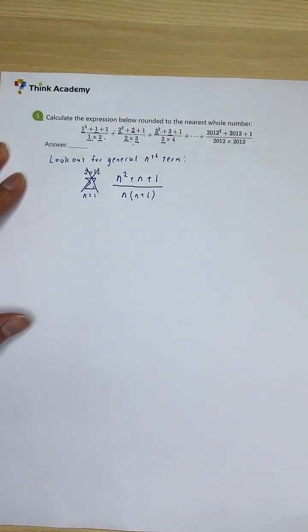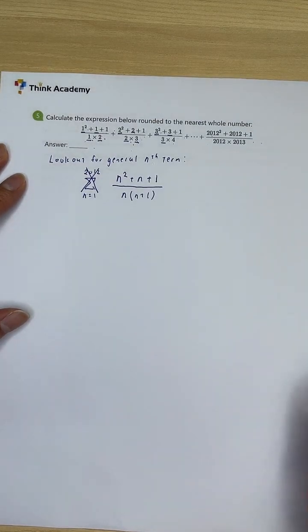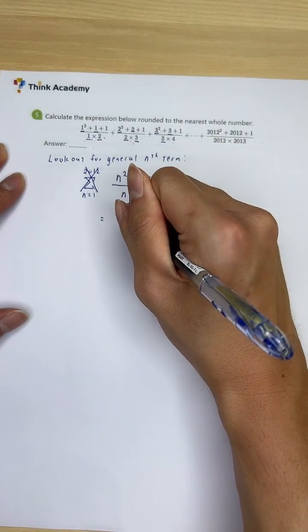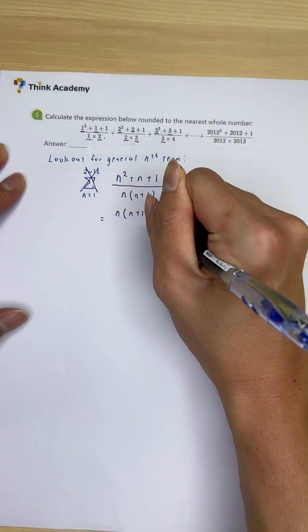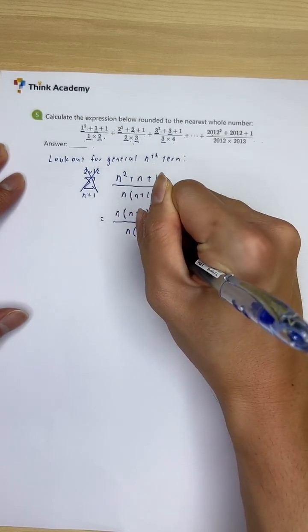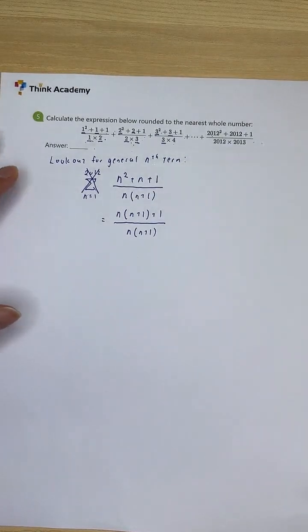Now, how are we going to simplify this? It looks a little complex, a little complicated, but I can actually factorize out the n at the top. So I factorized out an n at the top.